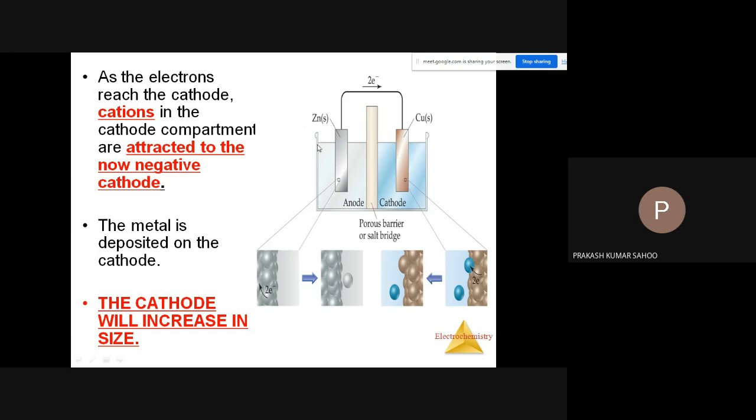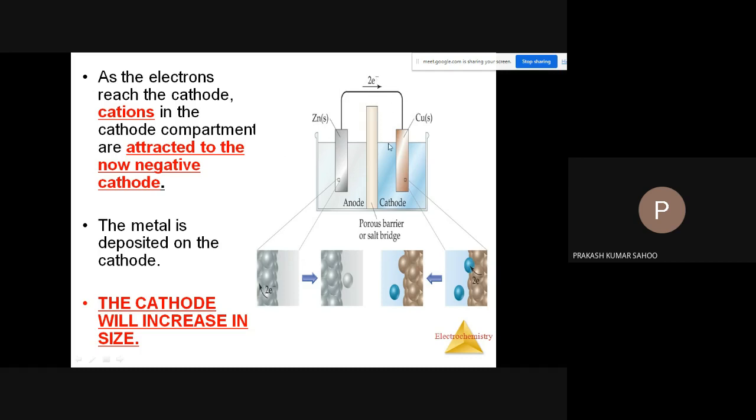If I want to determine the electrode potential of zinc, what will I do? I will couple this zinc electrode with the standard hydrogen electrode. Here no copper is there, the standard hydrogen electrode will be there, and the same thing, a voltmeter is attached here. Then, with the chemical reaction, this voltmeter will show minus 0.76 volt.